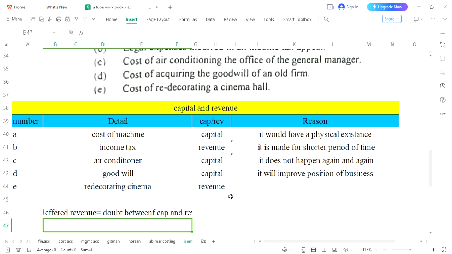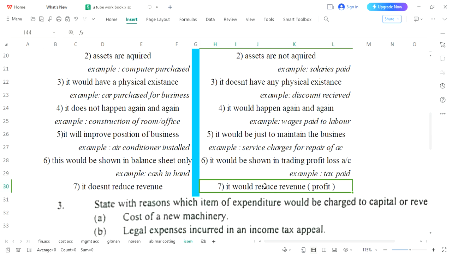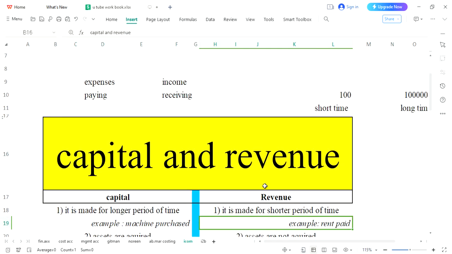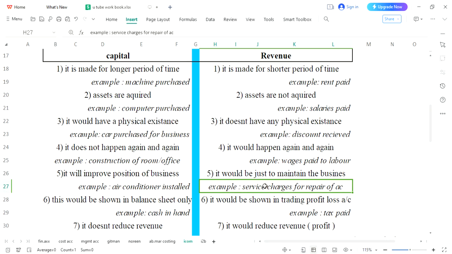But for the time being, we are calling it revenue. Why? Because you can see that capacity would not be changed, position would not be changed, and it would be just to maintain. This is a good reasoning, just to maintain. Why? Because you are not improving the position.